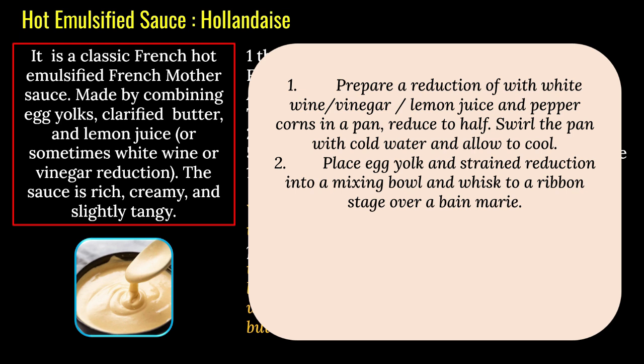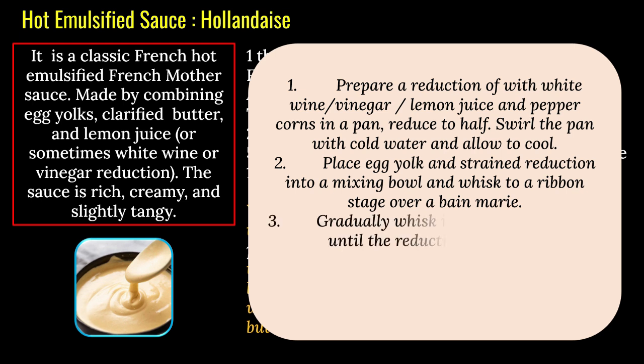To get a ribbon consistency, which is technically known as Sabayon consistency. Sabayon consistency. Over a bain-marie. Bain-marie is what? A kind of double boiler system where water is getting boiled, we put the container on top. So this container is not getting heated directly. It is getting heat through the water.